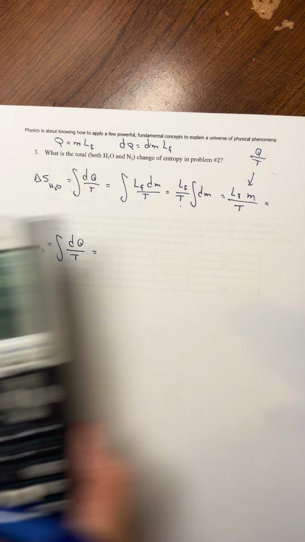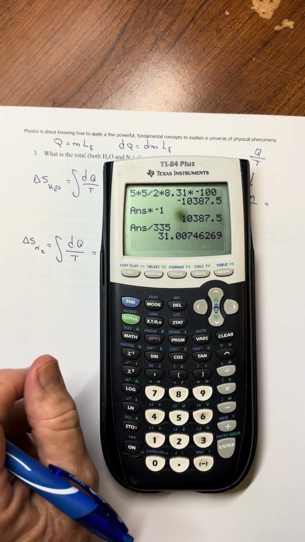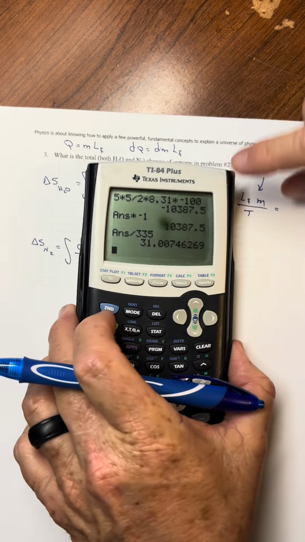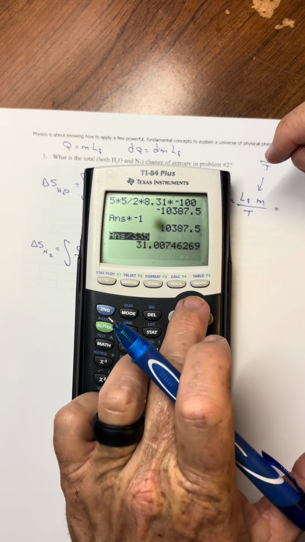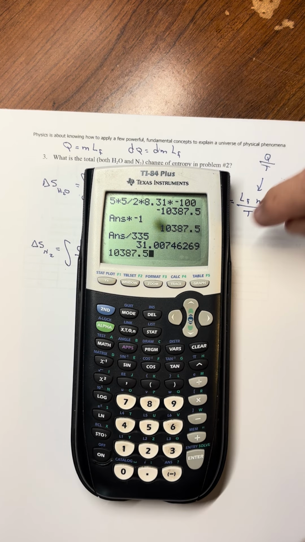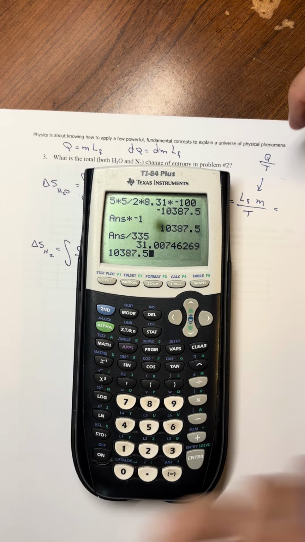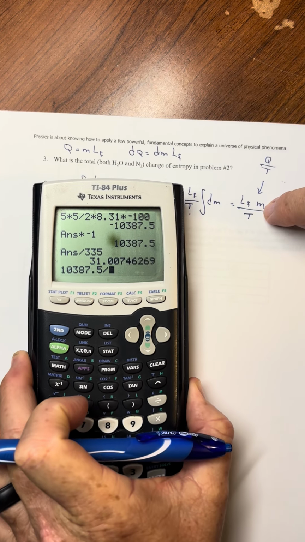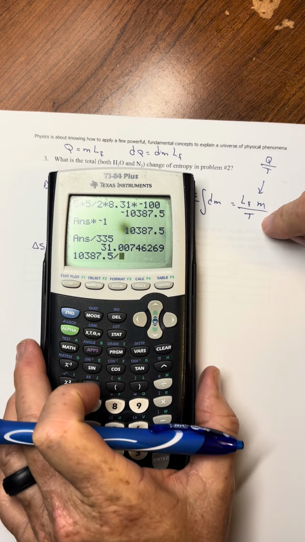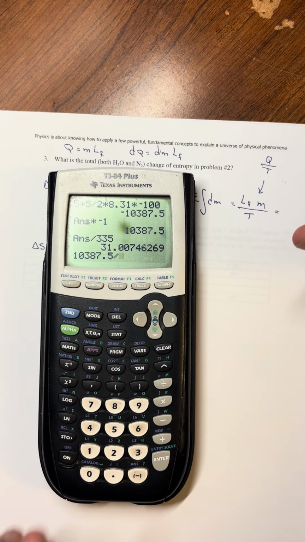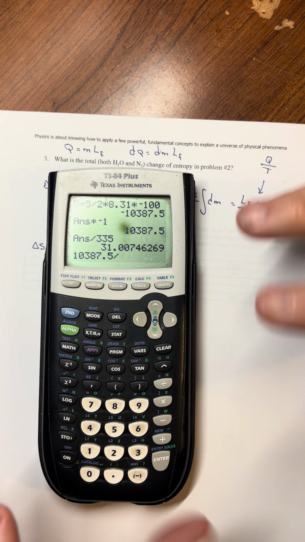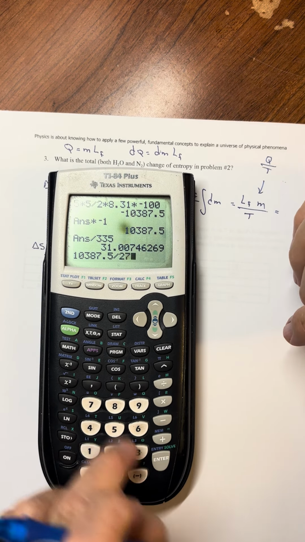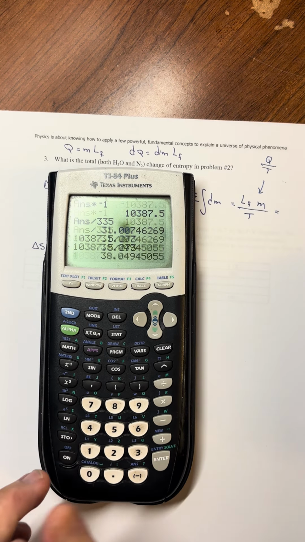So if I take the amount of heat, the Q, and that's what this line was, 10,387.5, that's the Q. And if I divide by temperature in Kelvin, and melting ice, remember, is 0 degrees Celsius, but I want Kelvin, so that's 273 Kelvin.